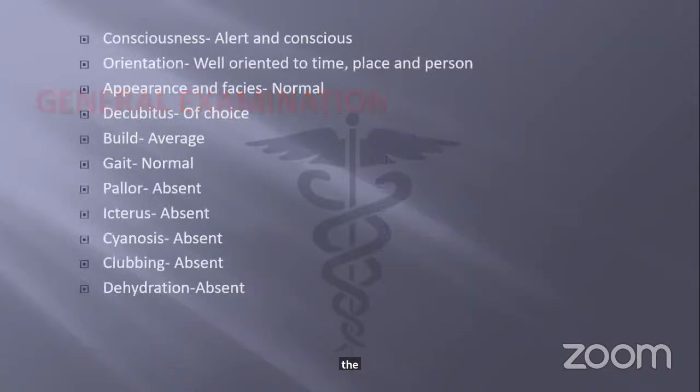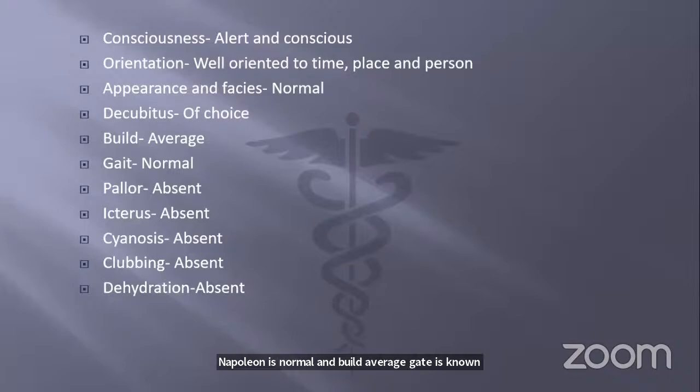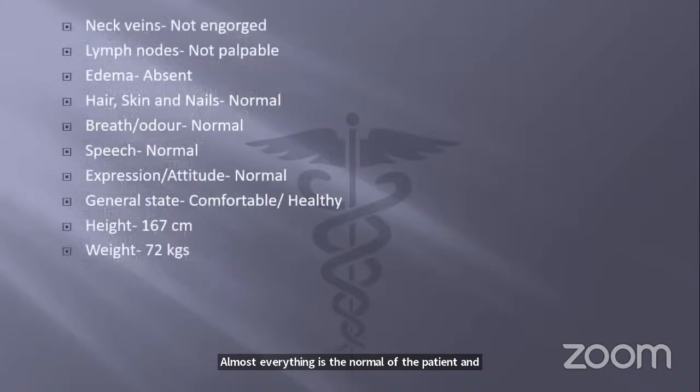The general examination of the patient: conscious, well oriented, appearance normal, build average, gait normal. Almost everything is normal and adhesion is absent. Neck veins are not engorged, lymph nodes are not palpable, edema is absent, and hair, skin, nails, breath odor, speech, expression and attitude are normal.